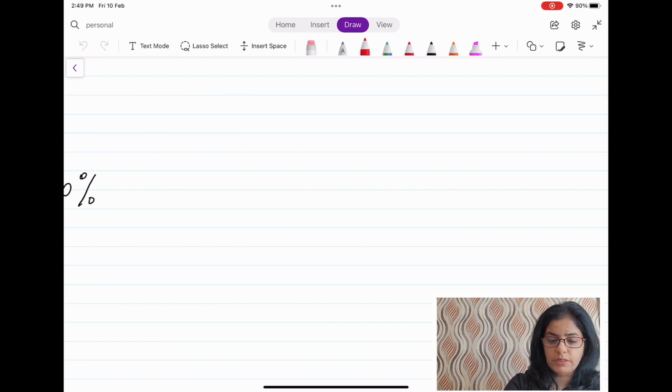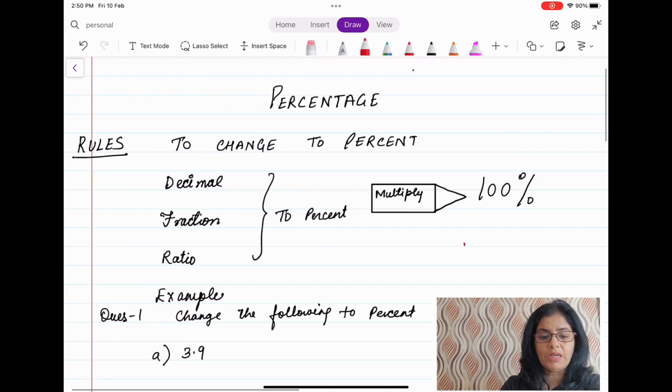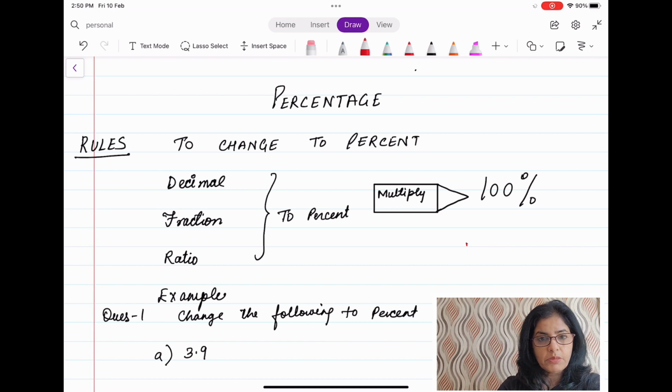See, if you have to change 3.5 to percent, you can multiply it by 1. 1 can be replaced by 100 upon 100, so 3.5 into 100 upon 100. And upon 100 means percent, which means into 100%. So that's the rule we are using: we multiply decimals, fractions or ratios by 100%.